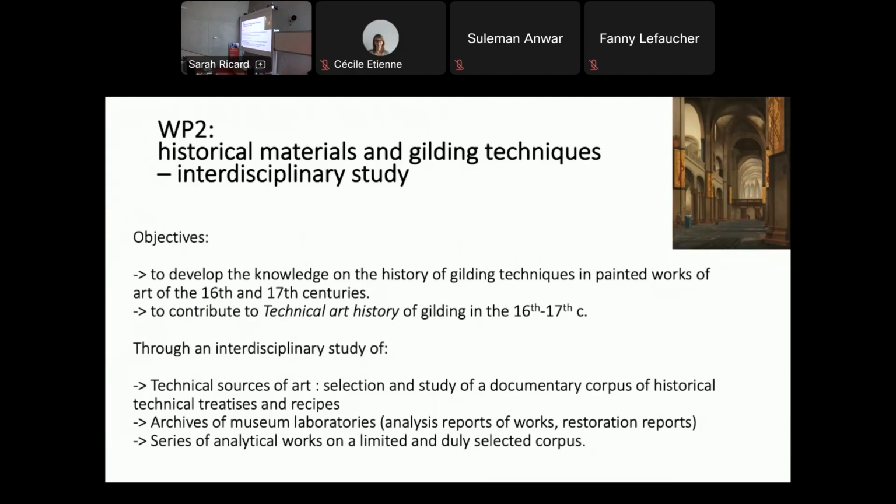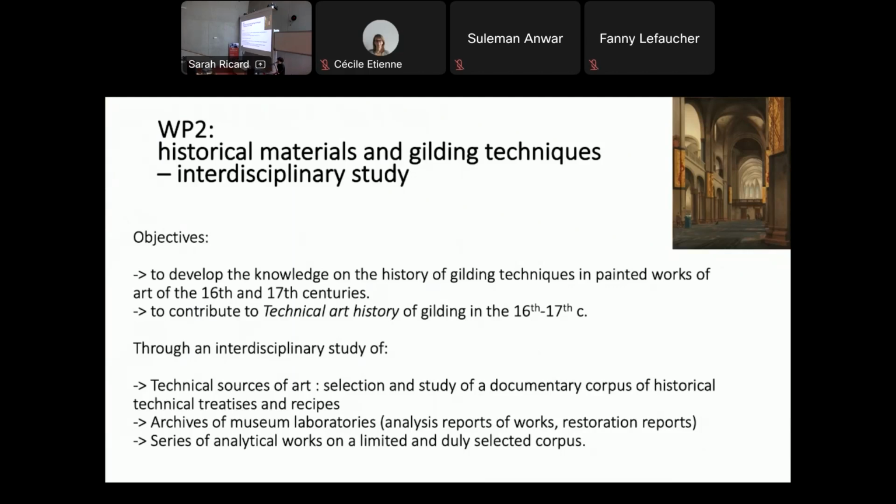And these techniques are also reconstructed with our conservator team, especially Marie Dubost, who is a conservator of gilded wood and who works a lot with us to reconstruct these techniques on mockups. We will see later that these mockups are also used for optical analysis.